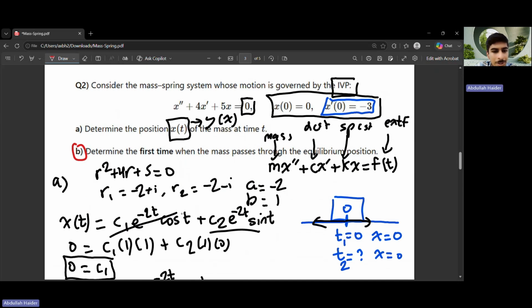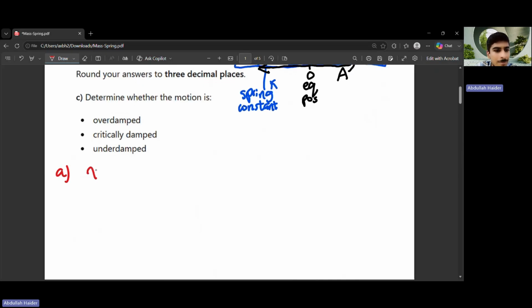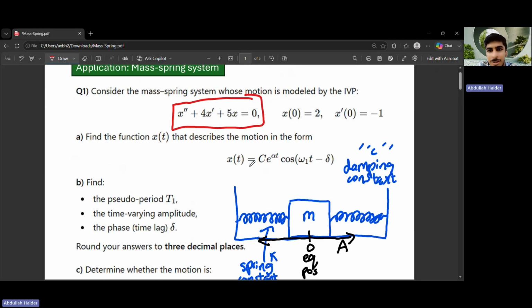C1 e power -2t cosine t, because the equation is the same, but the initial conditions are different. So we'll use the new initial conditions. So we got x of t equal to c1 e power -2t cosine t plus c2 e power -2t sine t.